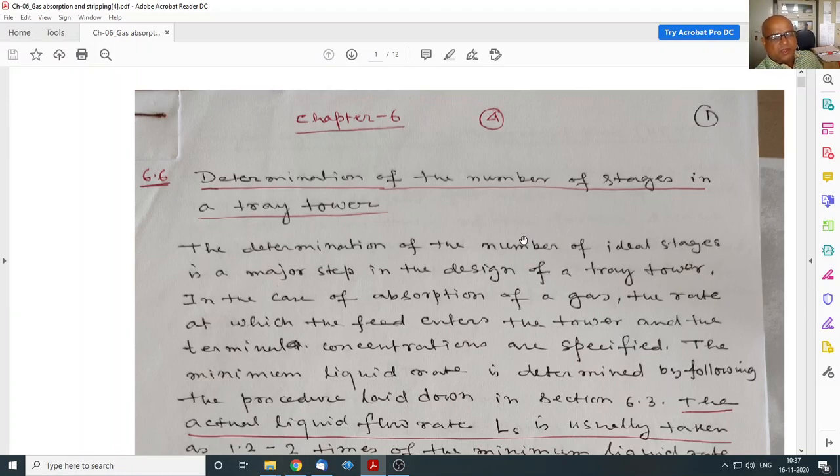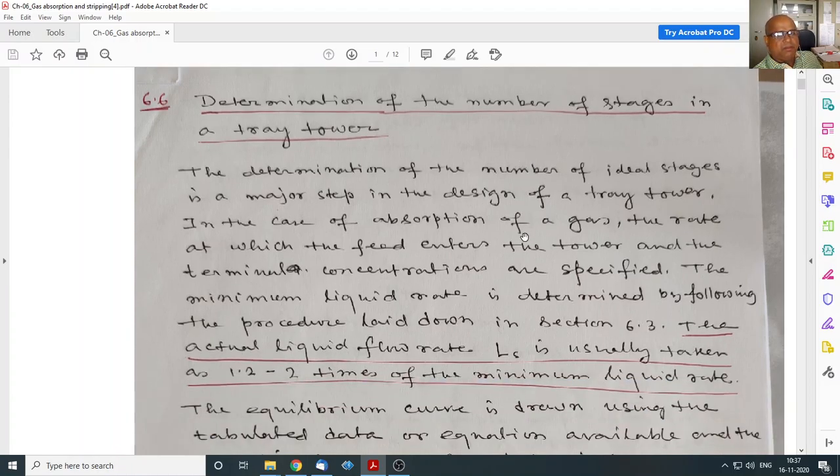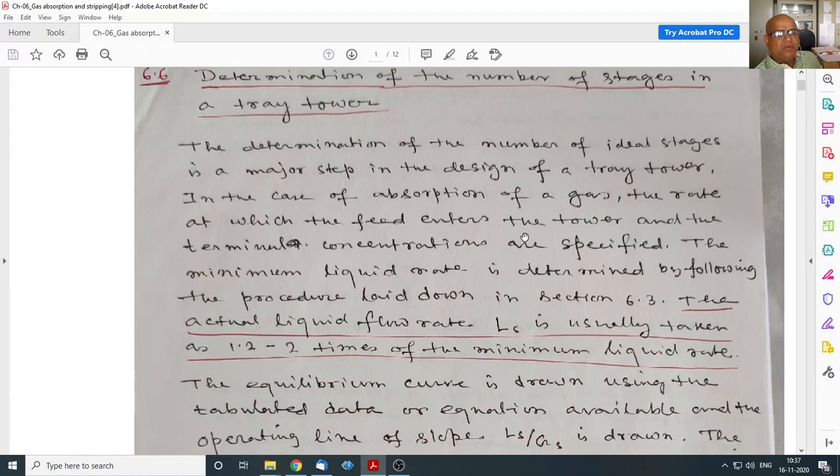We already discussed that in the beginning of this chapter. Once I calculate the minimum liquid flow rate or minimum gas flow rate for a particular system, I can calculate the operating liquid flow rate or operating gas flow rate, which will generally be 1.2 to 2 times the minimum flow rate.